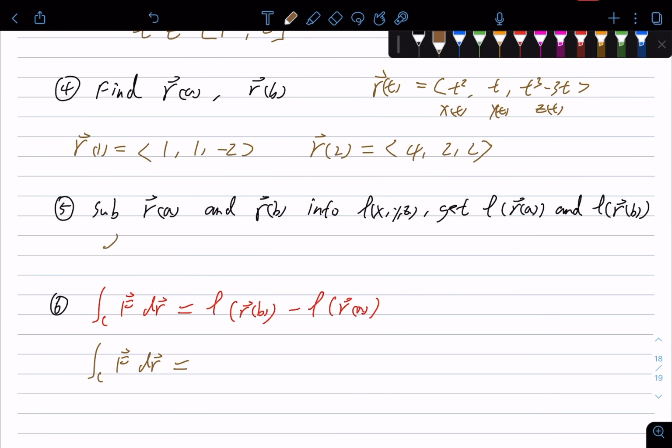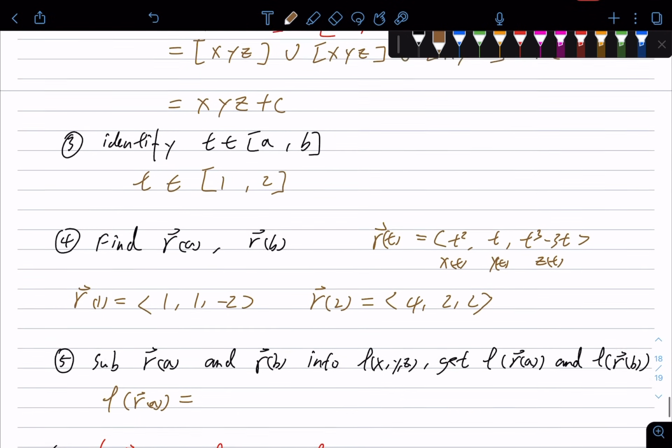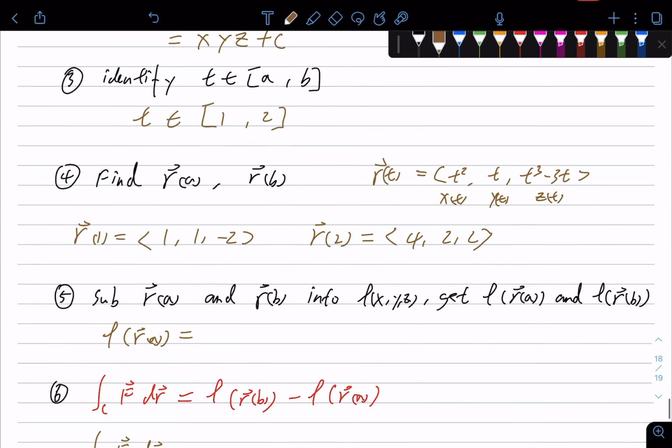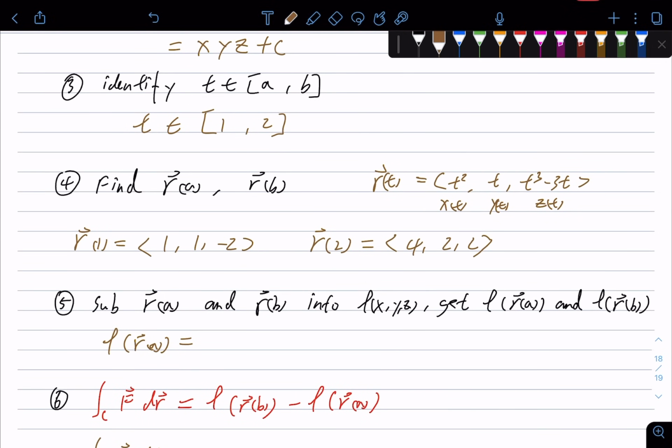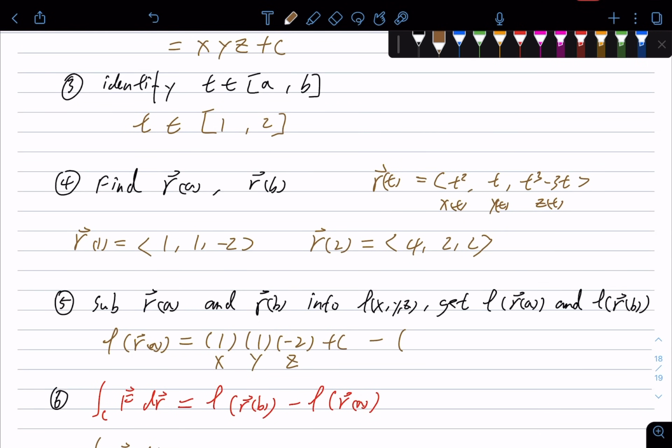Psi of r(a) equals, we have xyz as our psi, so that means we're going to have 1, 1, -2, so xyz plus c, minus 4, 2, 2 plus c.